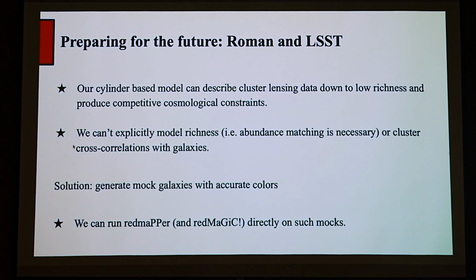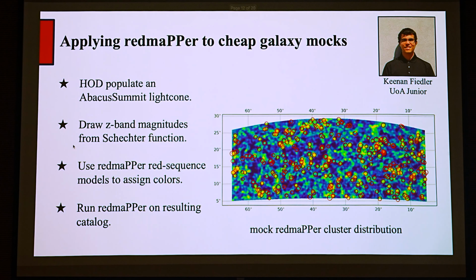So the solution is to just generate mocks that we can directly run the selection algorithm on, and what that requires then is photometry and colors. This is ongoing work led by a University of Arizona undergraduate.